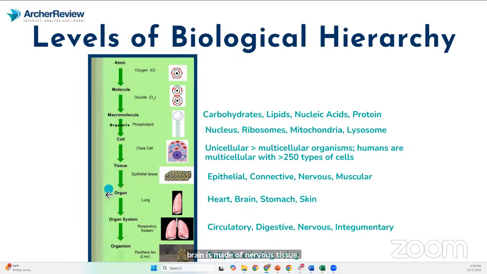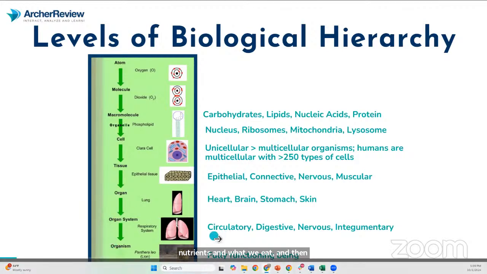And then similarly functioning organs will work together to make their organ systems. Like the digestive system has organs that are focused on digesting and utilizing the nutrients in what we eat. And then finally, the organ systems all work together to support the fully functioning organism.